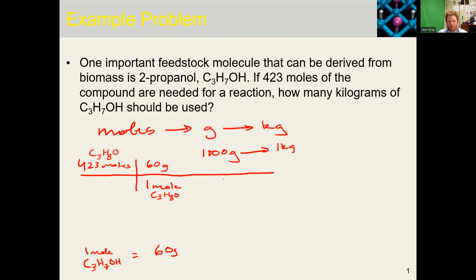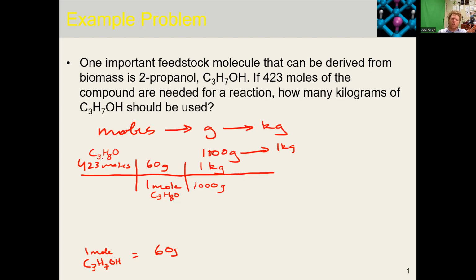The next thing in this dimensional analysis is to take into account my conversion from grams to kilograms. My next conversion factor is that there are 1,000 grams in 1 kilogram.